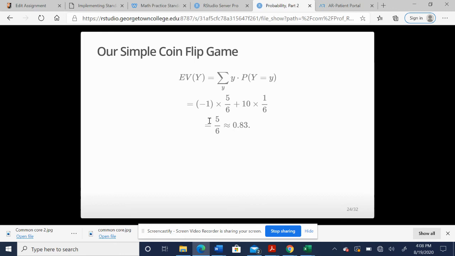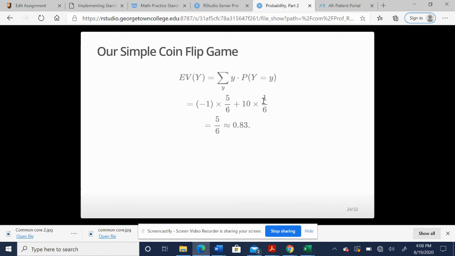If I'm looking at one single play, if I'm only going to play one time, then I expect to lose $1. However, if I'm going to play over and over an infinite number of times, then overall I expect to come out a little bit to the positive, because the win is so much higher than the loss.